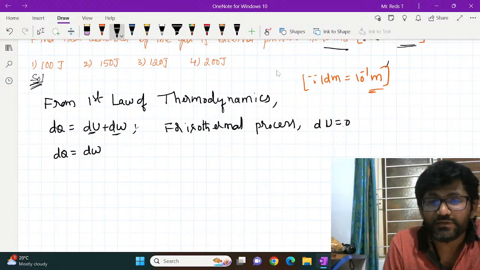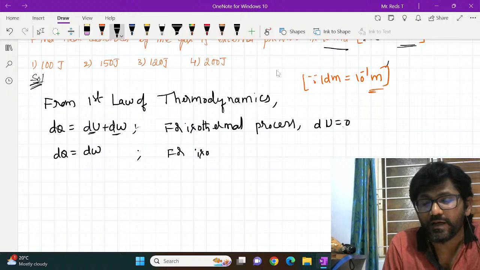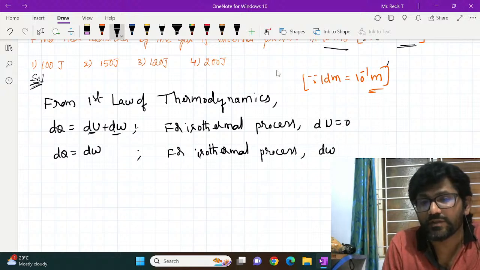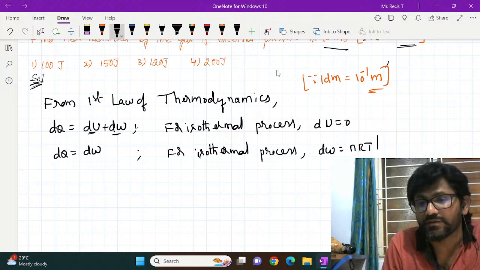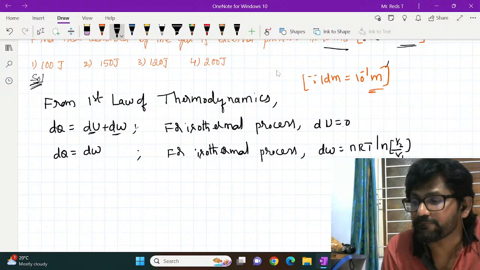So in an isothermal process, dw or w is equal to nRT into ln of V2 by V1.